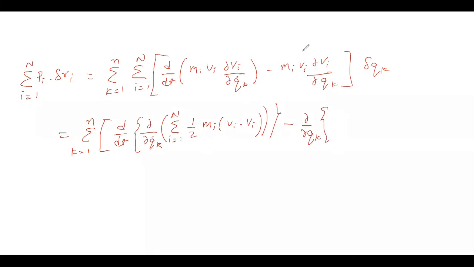I will write here the sum over I equal to 1 to n of half mi vi dot vi, delta qk. Okay, so this k will apply for the whole equation and I will apply for the individual mi and vi.